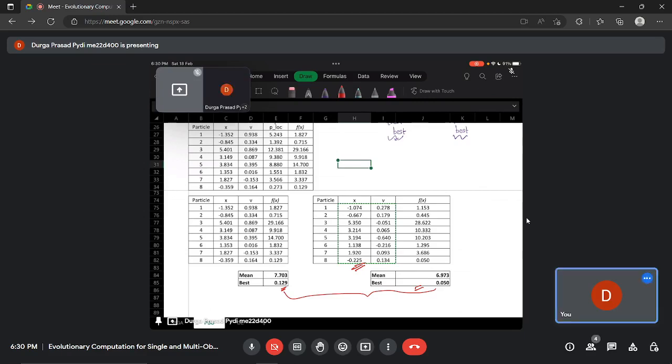Let me phrase your question this way. You are saying you have some particles 1 to 8, and essentially out of them, some particles have already reached the solution.